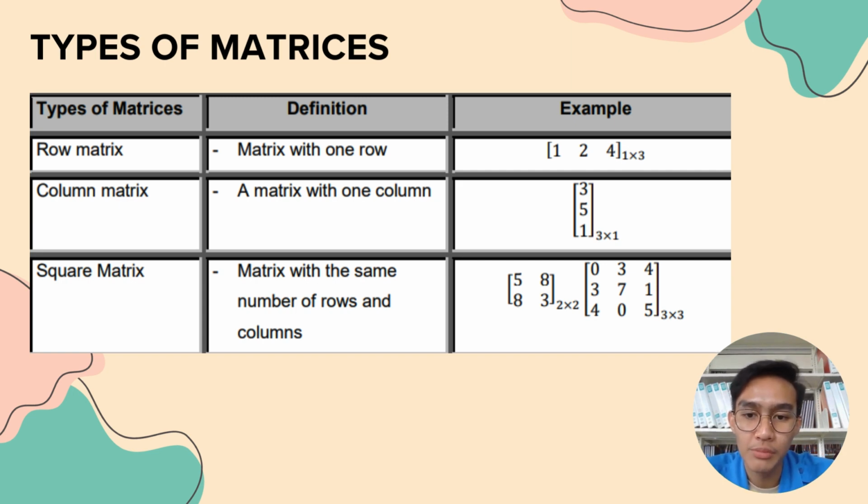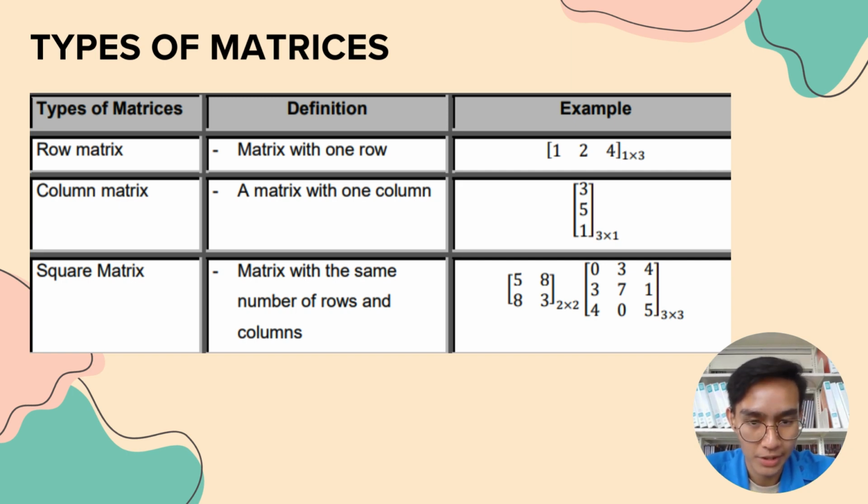And for the square matrix, a square matrix is a matrix with the same number of rows and columns. For example, the order is 2 by 2 or 3 by 3. For example, this 5, 8, 8, 3, the order is 2 by 2.